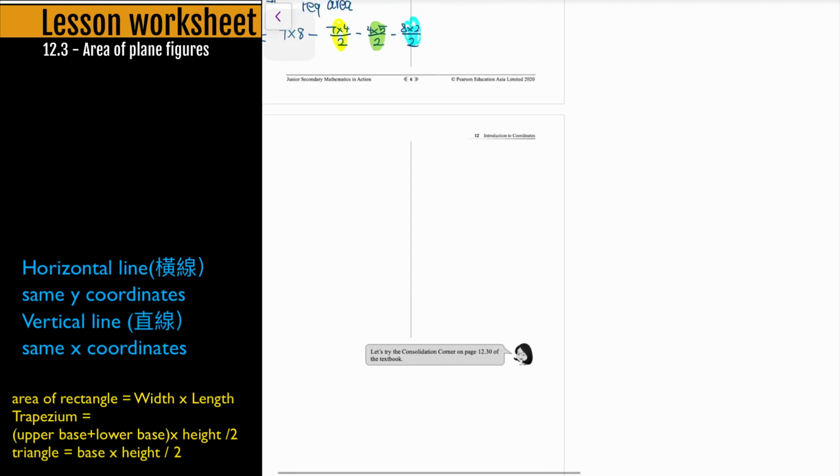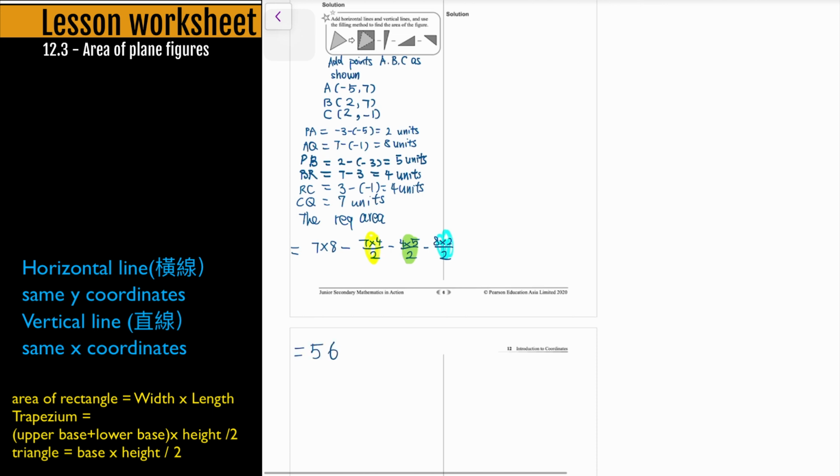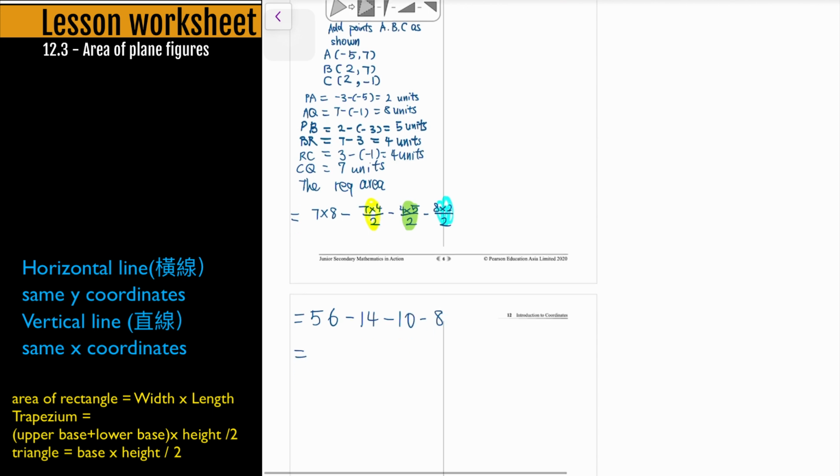We give you so many spaces. 56 minus 14 minus 10 minus 8, so that should be 24 square units at the end.